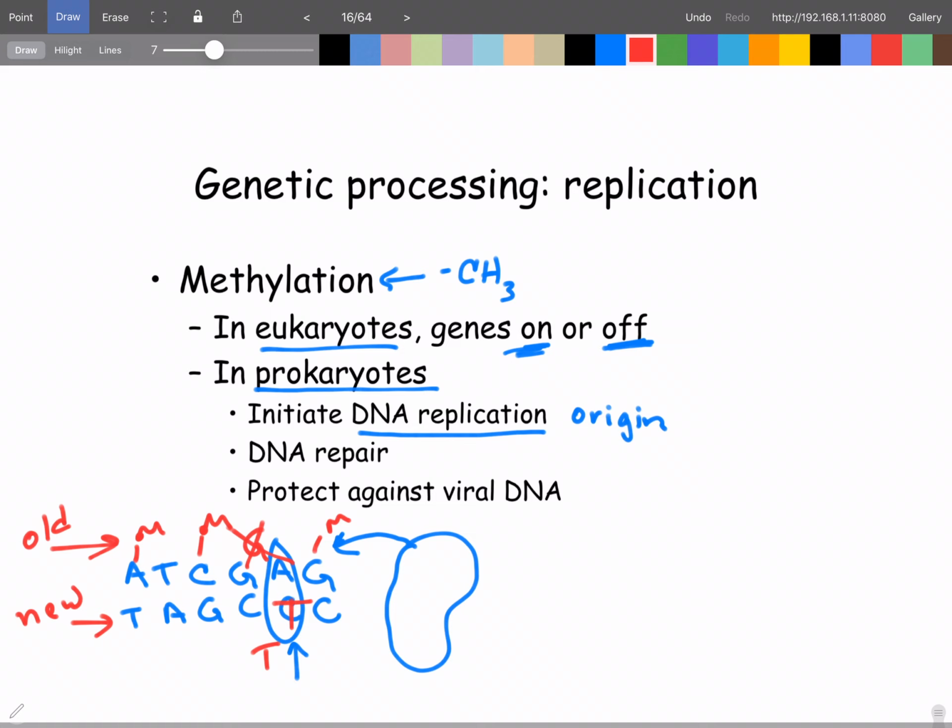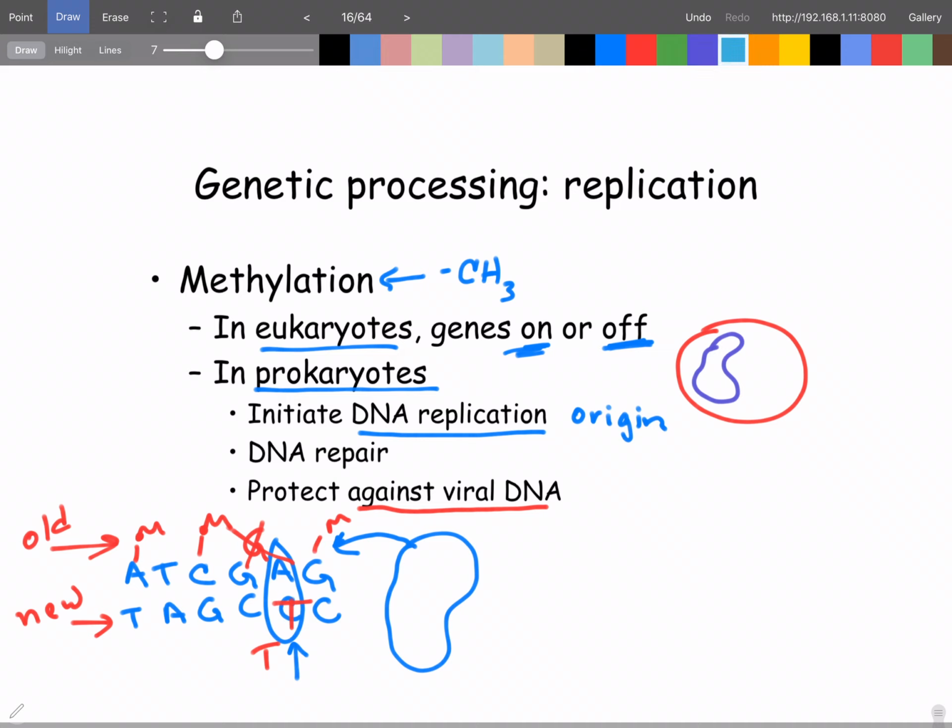Also, in prokaryotes, methylation protects against viruses. So let me show you how that happens. If we have a bacterial cell here, and let's color its DNA purple.